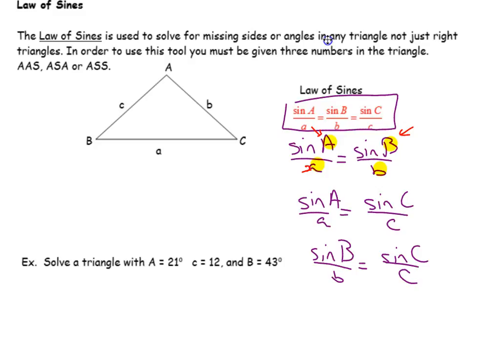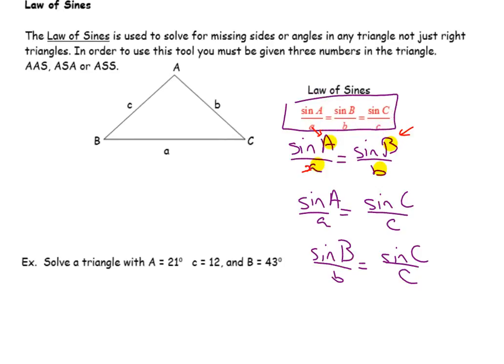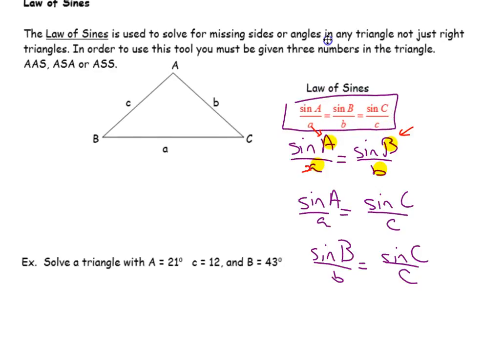Or maybe instead I would know this side b, this angle B, and this side a, and I could find this angle A, right? And so on. Ultimately, for you to solve for the missing side or angle using the law of sines, I have to know 3 out of the 4 variables in the equation.